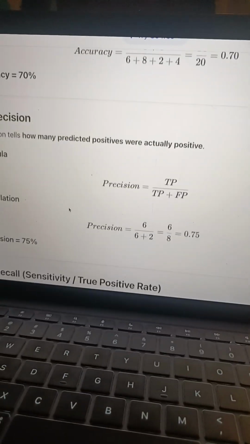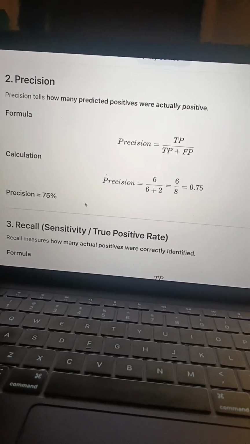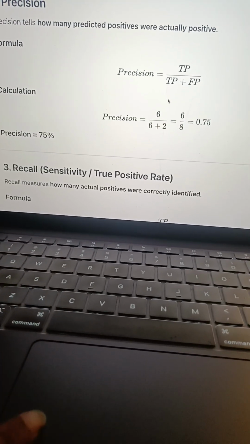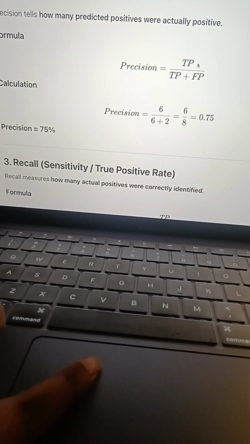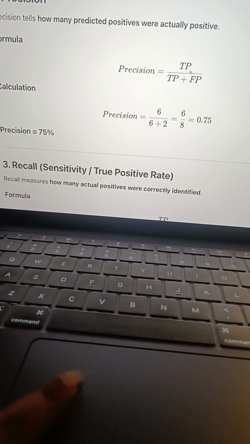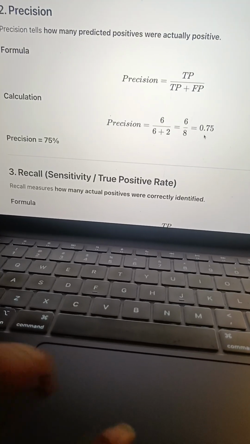Now, what is precision? Precision tells how many predicted positives are actually positive. Here you can see in the formula how many actual positives are there among the predicted positives. And here the precision for the given data is 0.75.